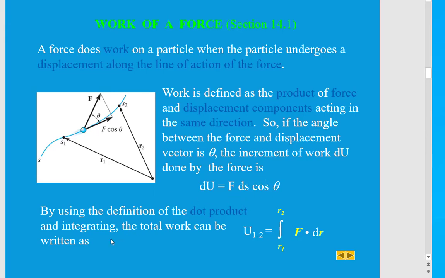Or by definition, the dot product is F dot dr, which will produce F ds cosine theta. So that's in general, where dr is the position of that particle monitored in time.